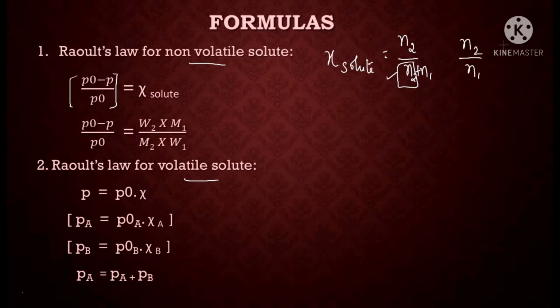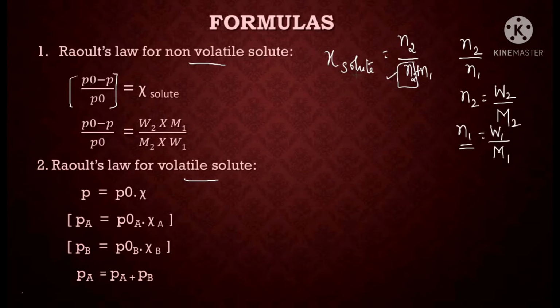How to calculate N2? See, N2 is equal to W2 by M2. What is W2? It is the weight of the solute and M2 is the molecular weight of the solute. And how to calculate N1? See, W1 divided by M1. What is N1? It is the number of moles of the solvent. So W1 is the weight of the solvent and M1 is the molecular weight of the solvent.